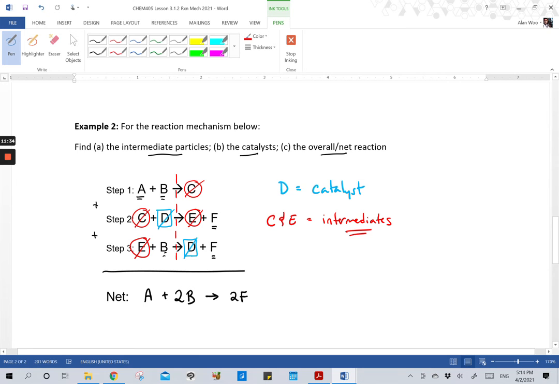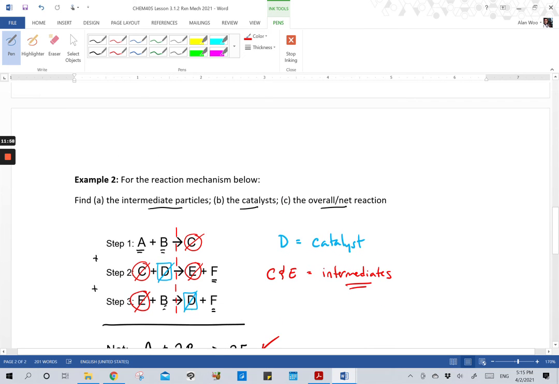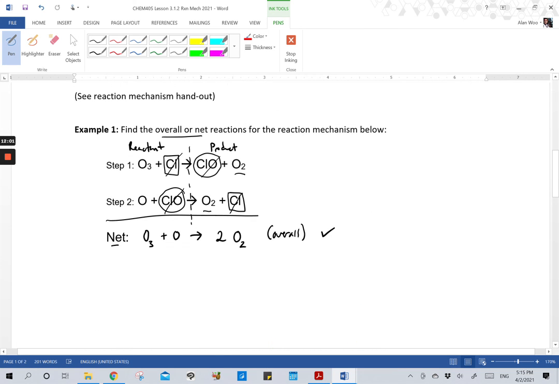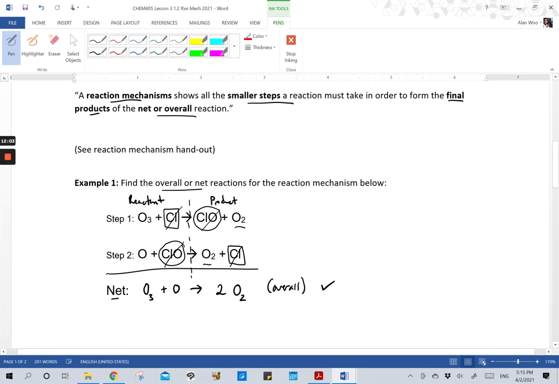So once all the catalysts and intermediates have been canceled out, we basically have A plus 2 B's to give you 2 F's. So we never include our catalysts and intermediates in the net reaction. The net reaction just involves the reactants that turn into products. So if we went back up to example 1 and applied what we know now, we can find that there is a catalyst here.